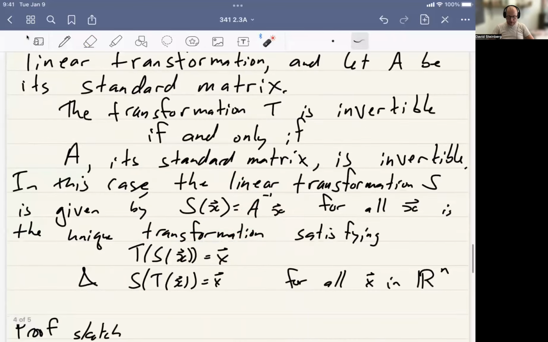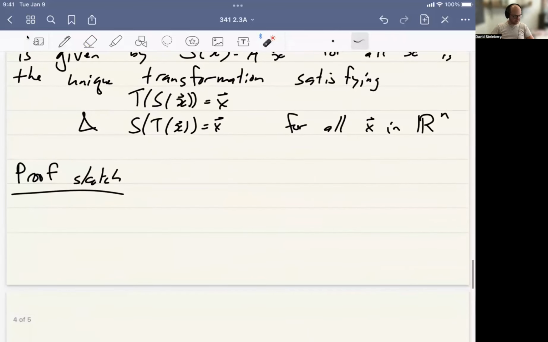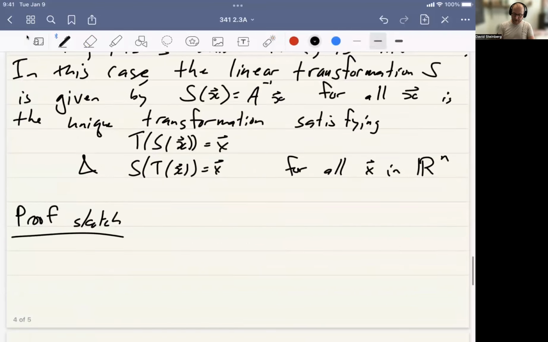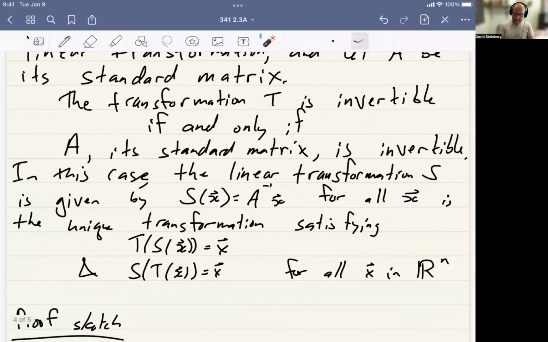Okay, and let's do a quick proof sketch why this is the case. So we've got an if and only if, so we should assume T is invertible and then show A is invertible, and then assume A is invertible and show that T is invertible.